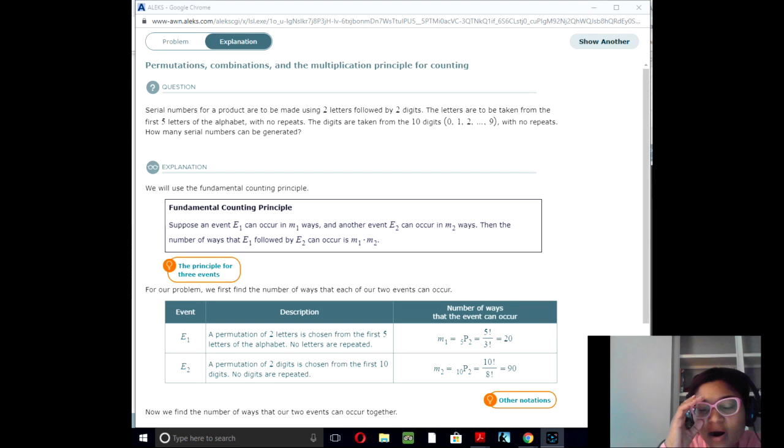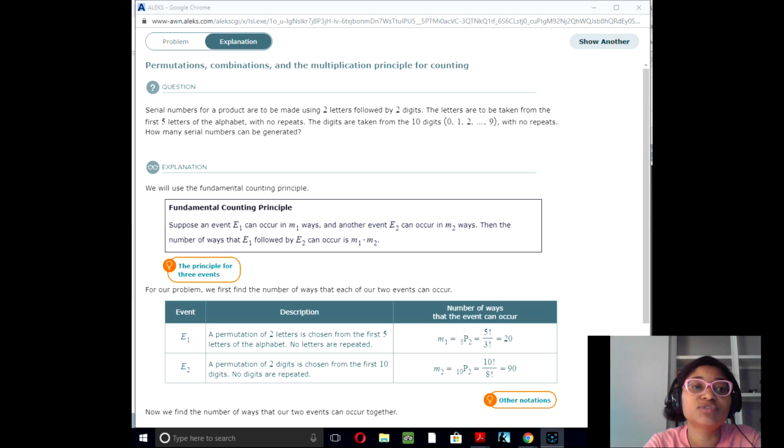Okay, this problem requires you to really pay attention to what the question is asking. So we're doing permutations, combinations, and the multiplication principle for counting. Here it says serial numbers for a product are to be made using 2 letters followed by 2 numbers. So keep that in mind.